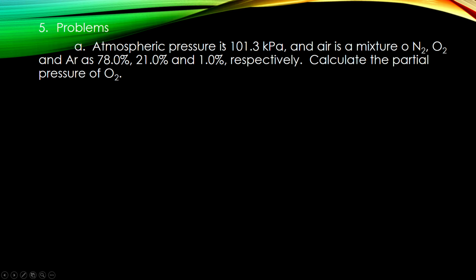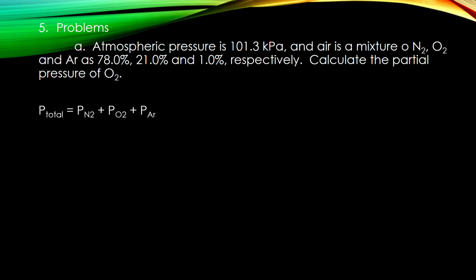This 101.3 kilopascals represents the total pressure, which is 100% of the pressure. So of that 101.3 kilopascals, 78% is coming from nitrogen, 21% from oxygen, and 1% from argon.